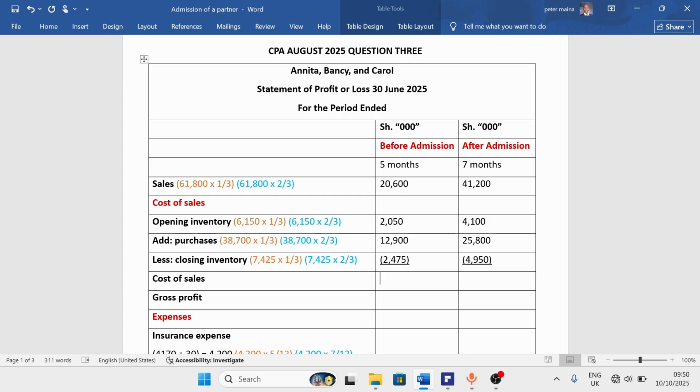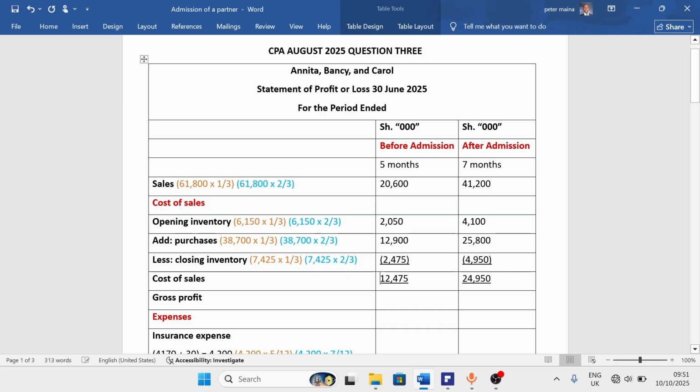So that gives us 12.475. And then for the period after admission, the cost of sales will be 4,100 plus 25,800 minus 49.50. So that gives us 24,950.